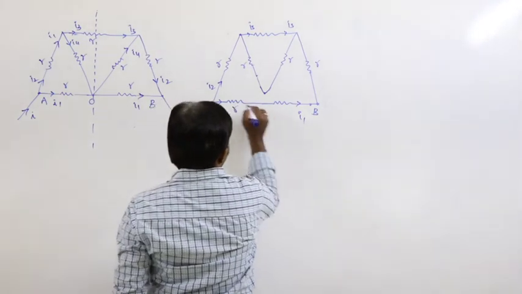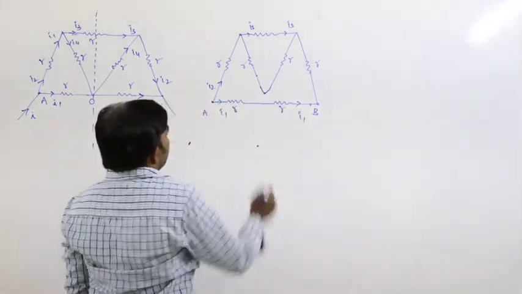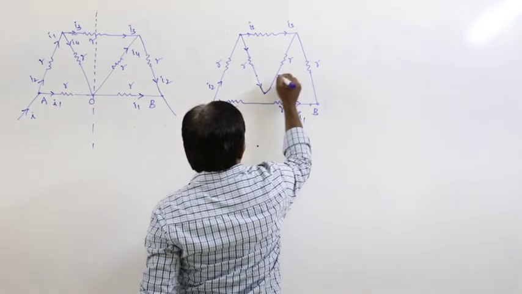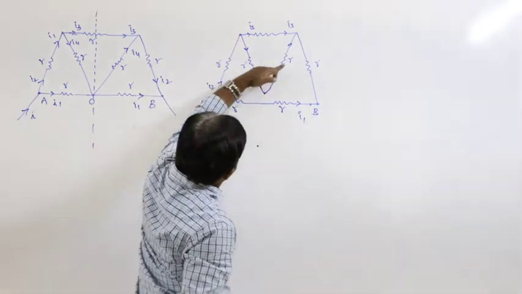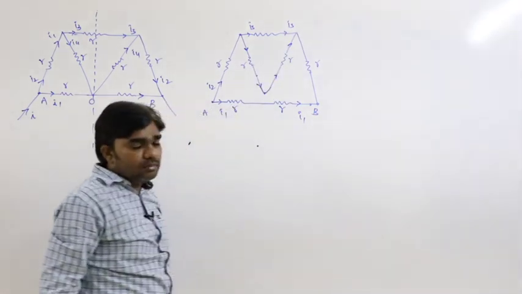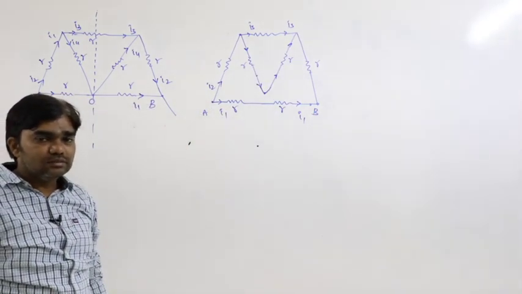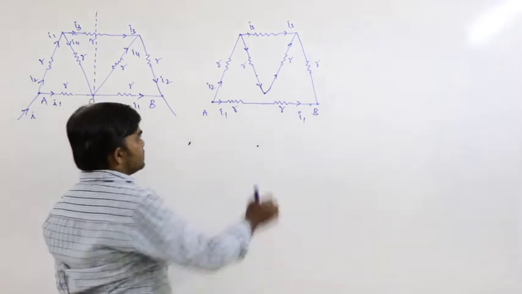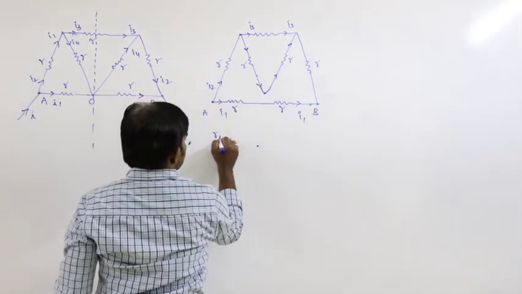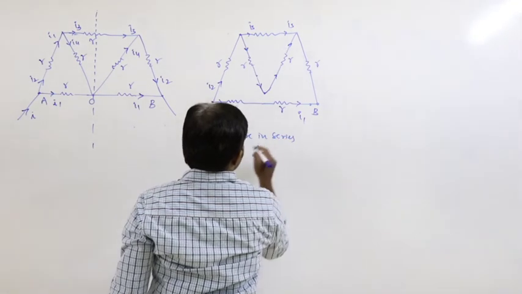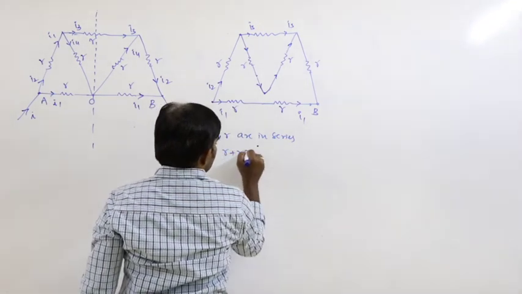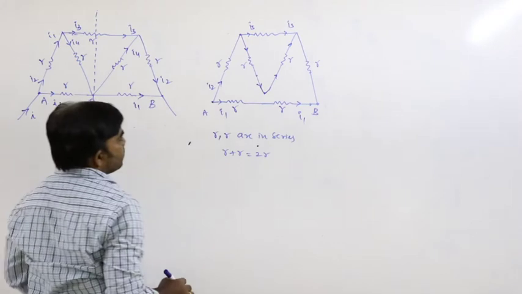Here this R and R must be in series, and here also the same amount of current passes. In this branch same amount of current passes, so those two must be in series. So R, R in series, R, R in series. So effective resistance is R plus R, that is equal to 2R.